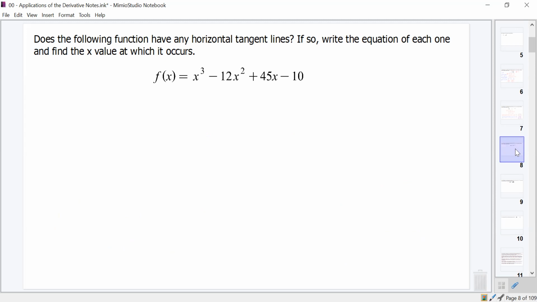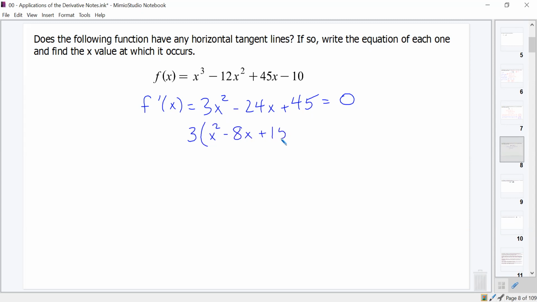We'll do one more quick and easy one. Again, we're looking for the horizontal tangent line, so we'll take the derivative. F prime of x is 3x squared minus 24x plus 45, all again using the power rule. We'll set it equal to 0 and factor out the 3 to begin with, leaving us with x squared minus 8x plus 15 is equal to 0.